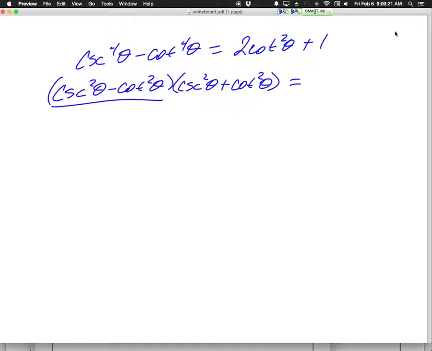So you factor that. That's a Pythagorean. What does it equal? It equals 1. So I'm just left with cosecant squared plus cotangent squared.